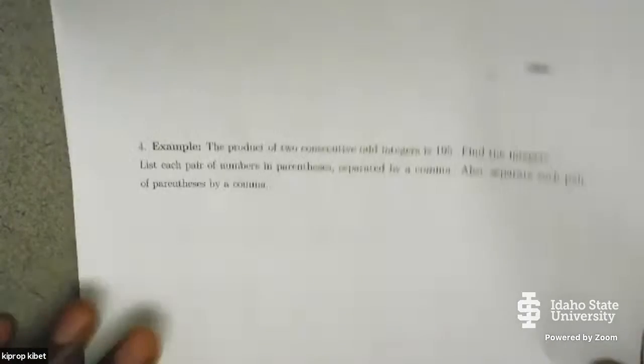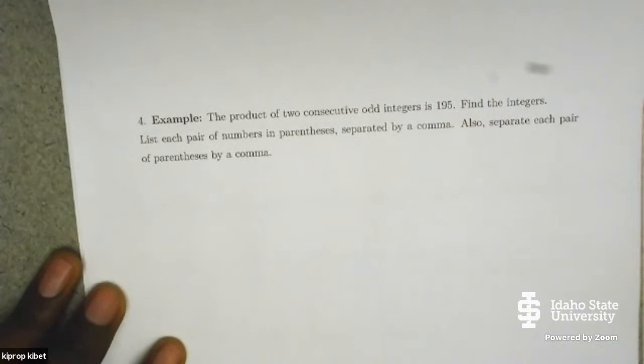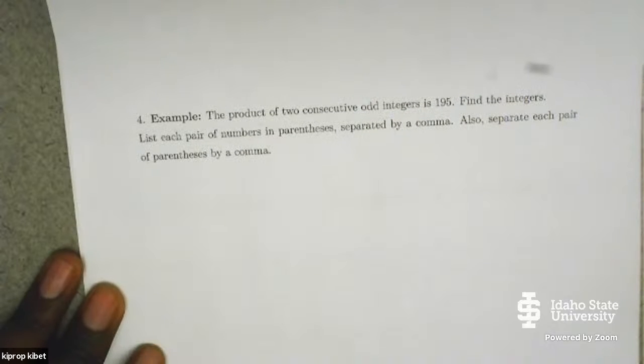Now, who can read for us number 4? Number 4: The product of two consecutive odd integers is 195.